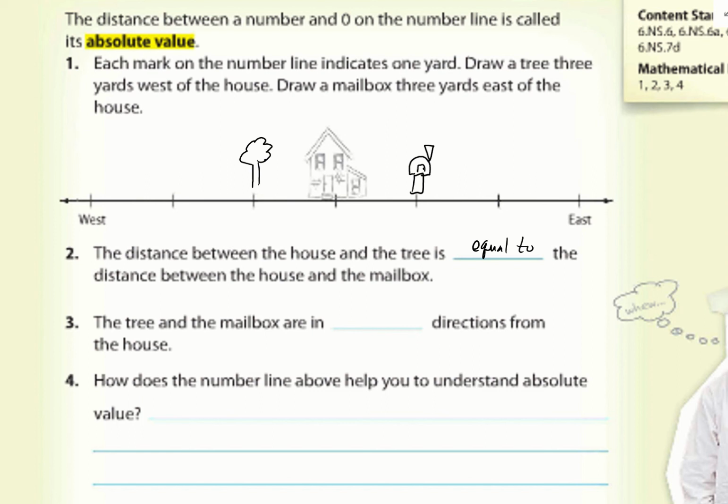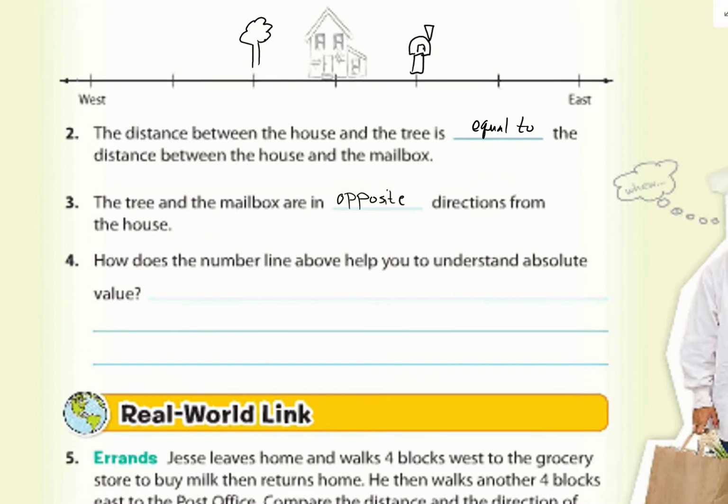The tree and the mailbox are opposite directions from the treehouse. How does the number line above help you understand absolute value?